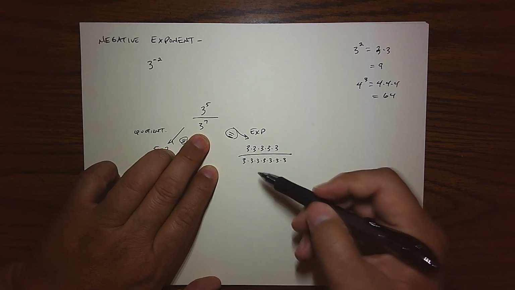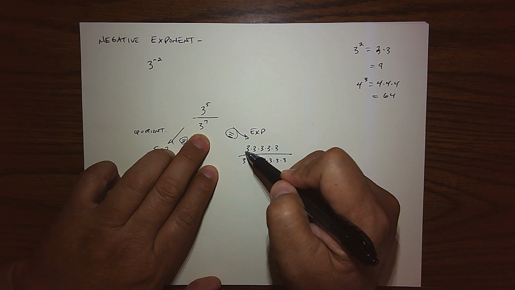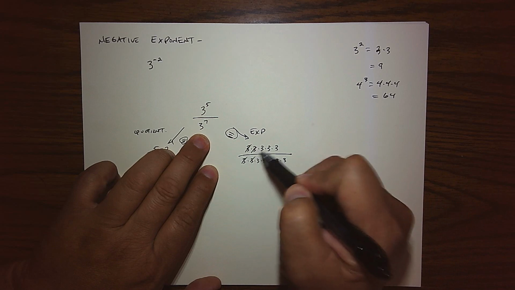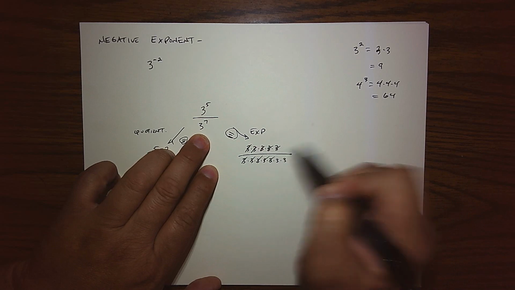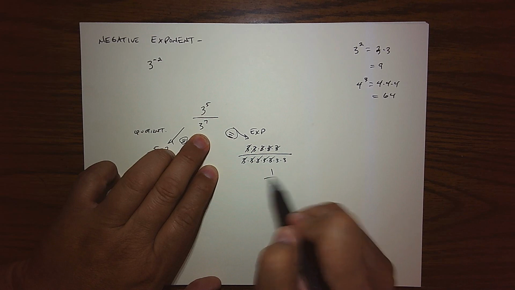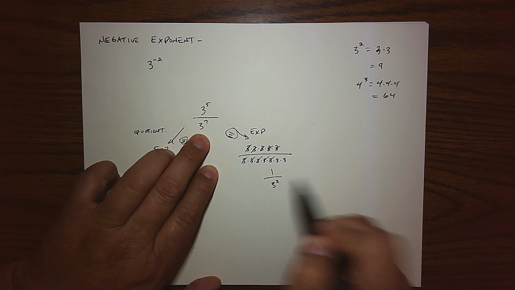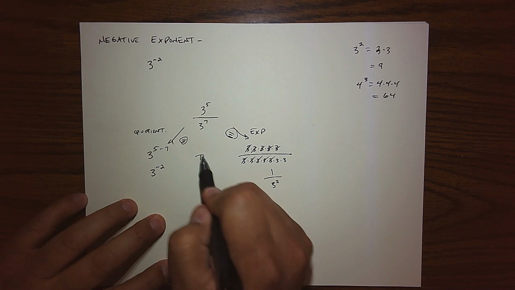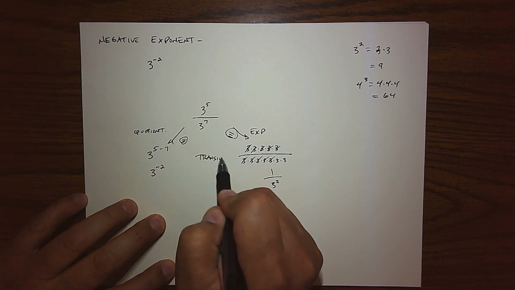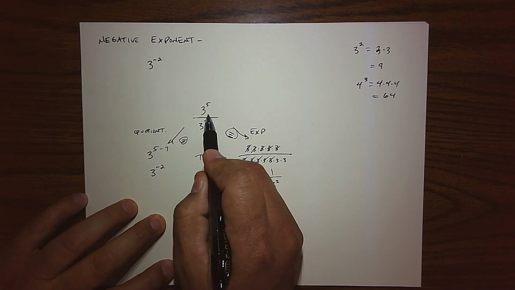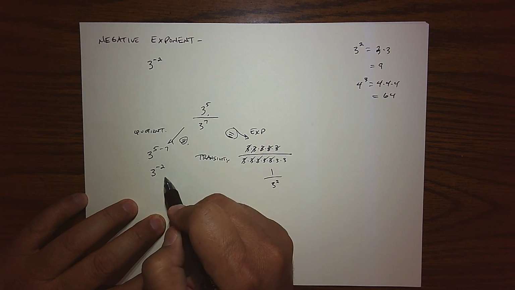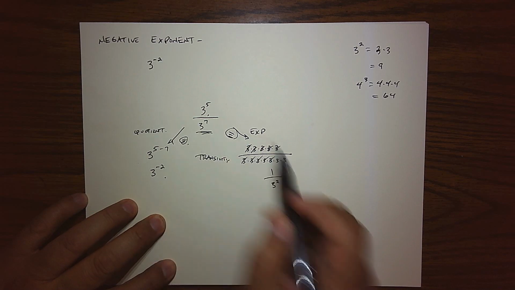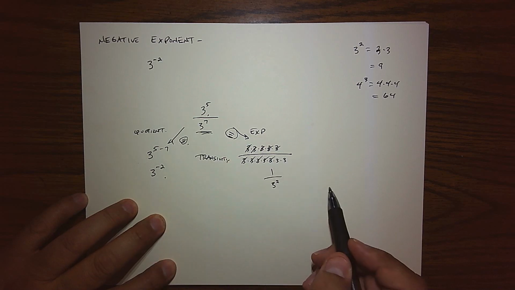And so now we have several dividing out. 3 divided by 3 is 1. We got it again, and we got it again, until all that's left upstairs is 1, and we have 3 squared downstairs. And so, because of that transitivity property of math, this expression is equal to 3 to the negative 2, and that same expression is equal to 1 over 3 squared.